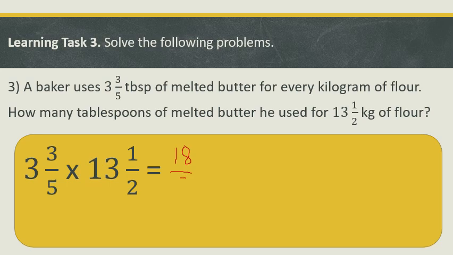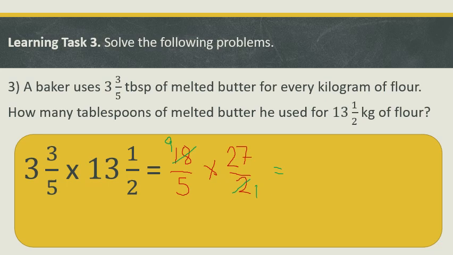Hindi na natin iisa-isahin kasi kanina pa natin siya pinapractice. Times, ang 13 and 1/2 ay magiging 27 halves. May common factor ang 18 and 2, pwede silang i-divide sa 2. 18 divided by 2 is 9. 2 divided by 2 is 1.